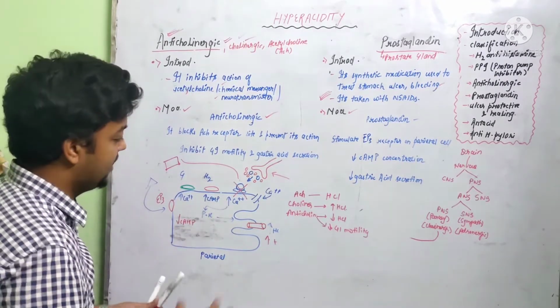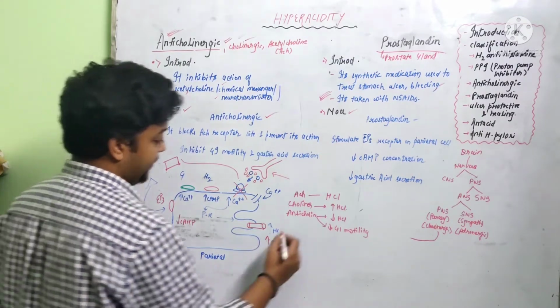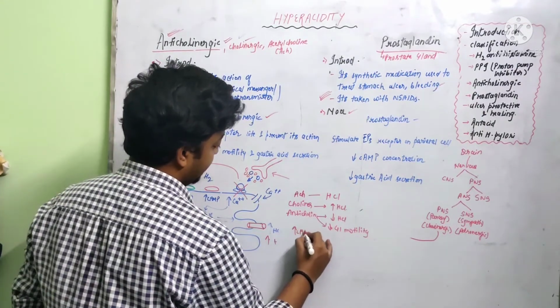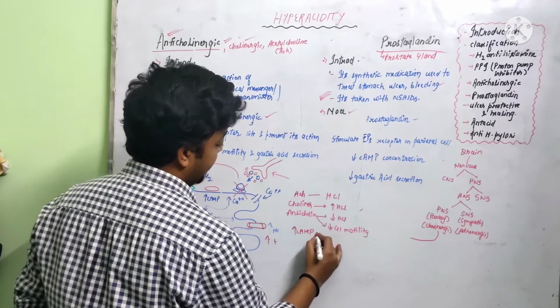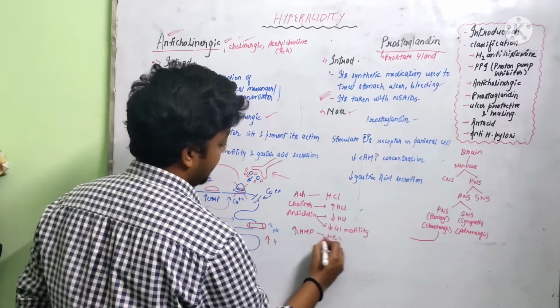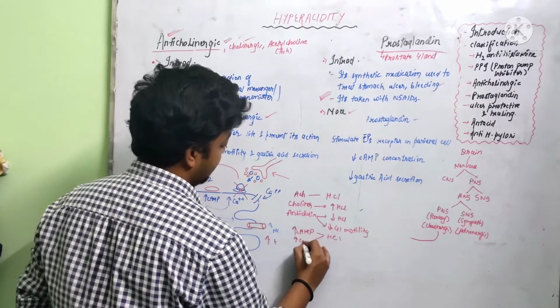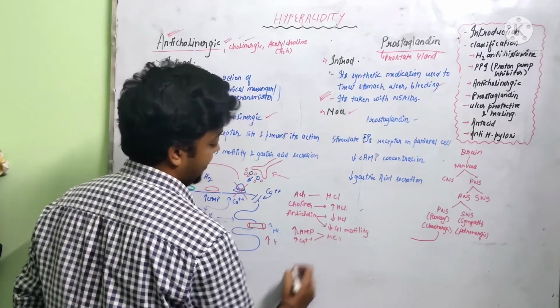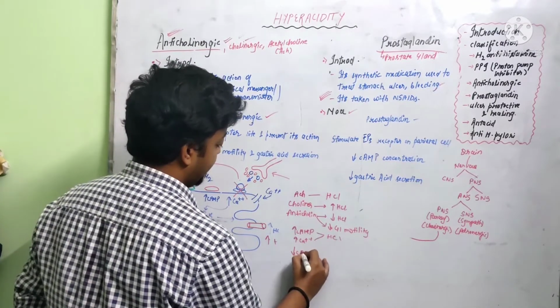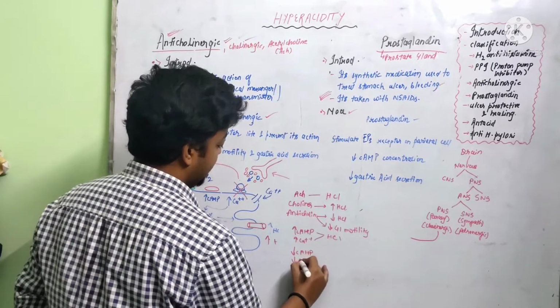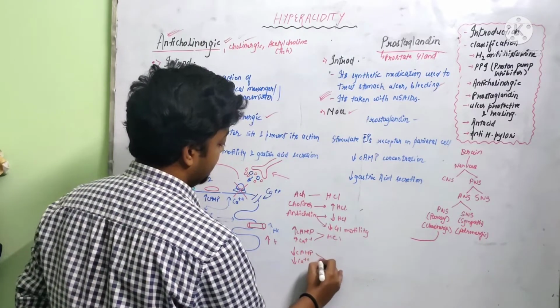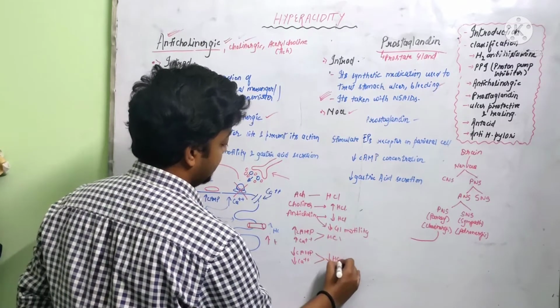So whatever the factor may be, if the cAMP is increased, then we have the release of HCl, or if there is an increase of calcium, then also we have the release of HCl. But if the cAMP is decreased or the calcium is decreased, then we have a decrease of HCl production.